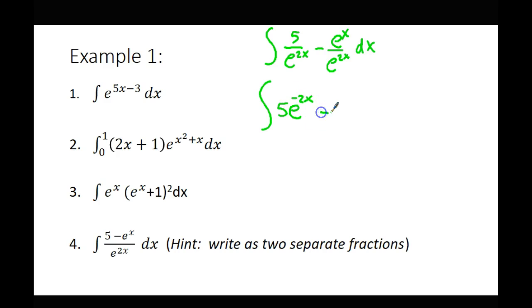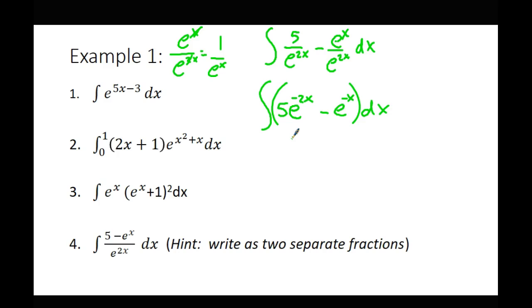But as for this second one over here, we can simplify this a little bit. What's e to the x over e to the 2x? Anybody know? Yeah, it's like this one takes away one of those, and you're left with 1 over e to the x, right? And how am I going to rewrite that? Negative, right? So we're going to call that e to the negative x. That's going to be a lot easier to integrate.